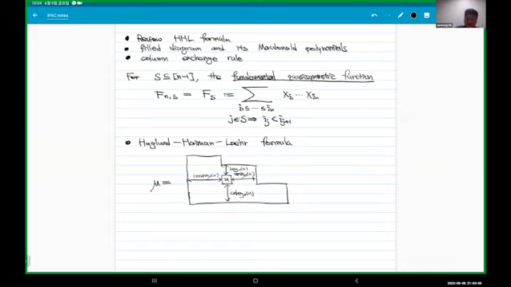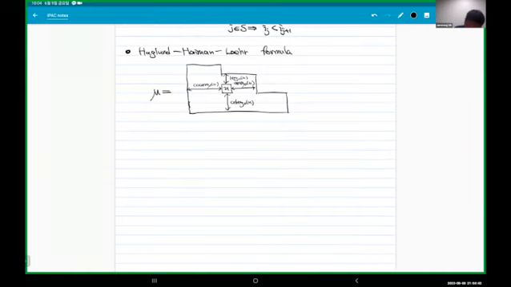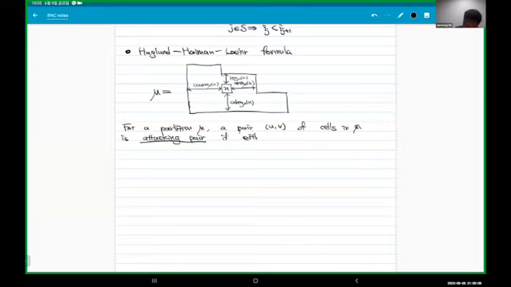Okay. And for a partition mu, a pair U and V of cells in mu, we will call it an attacking pair if either of these two conditions is satisfied.